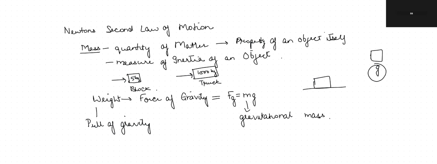But the mass remains the same. The weight changes with the place. So as mass is the property of an object itself, it remains the same, whereas the weight is the force of gravity, or the pull of gravity acting on an object.